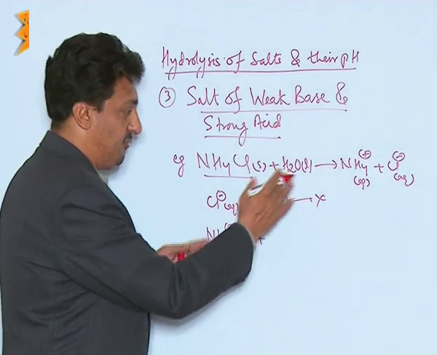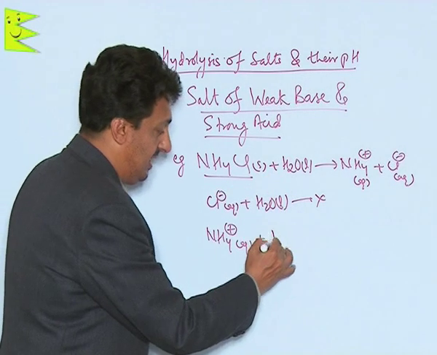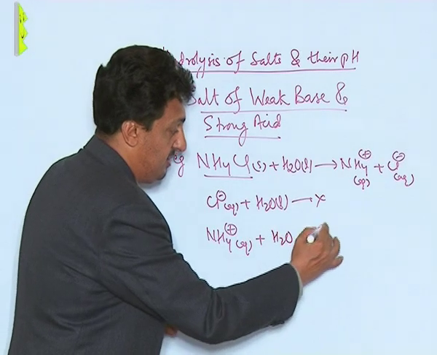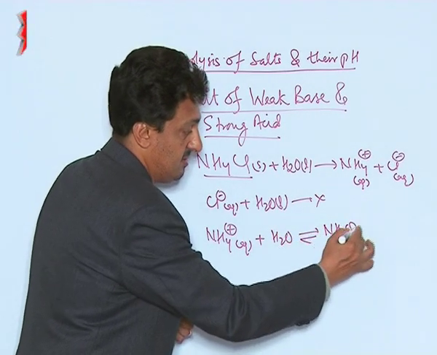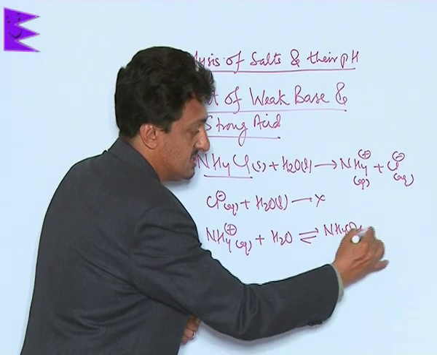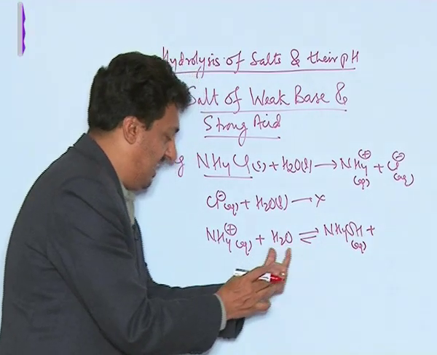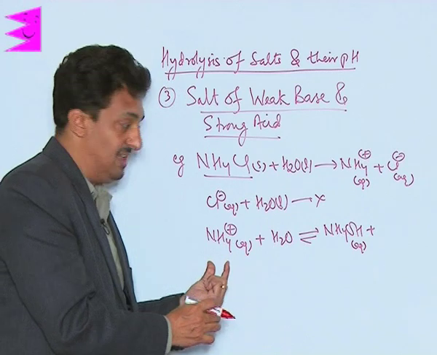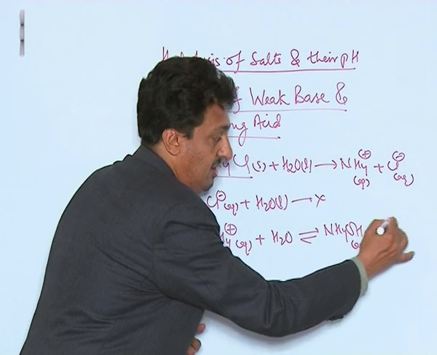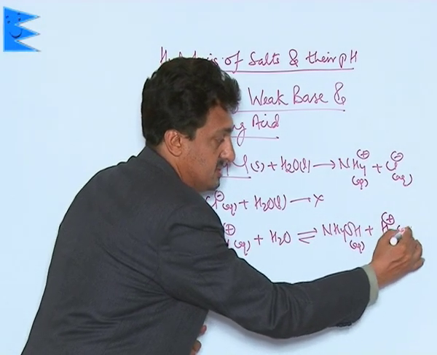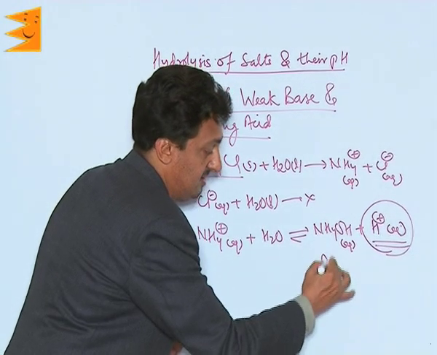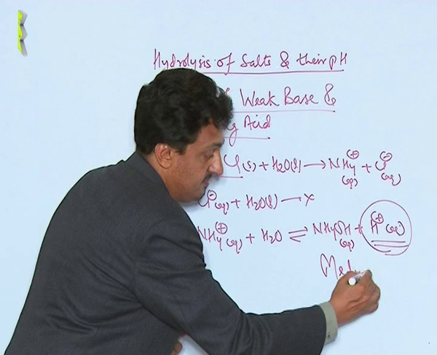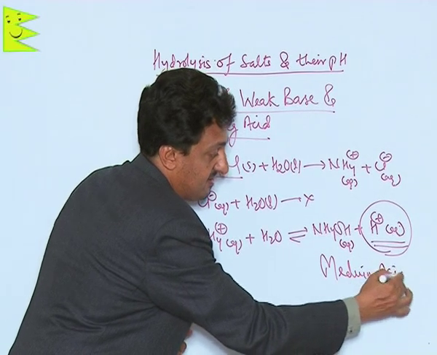The moment it gets formed in the water, it immediately reacts with the water to form ammonium hydroxide back. Since OH ions have been taken out from the water by this ion, what is left is your H plus ions aqueous. Now these H plus ions will make the medium acidic.